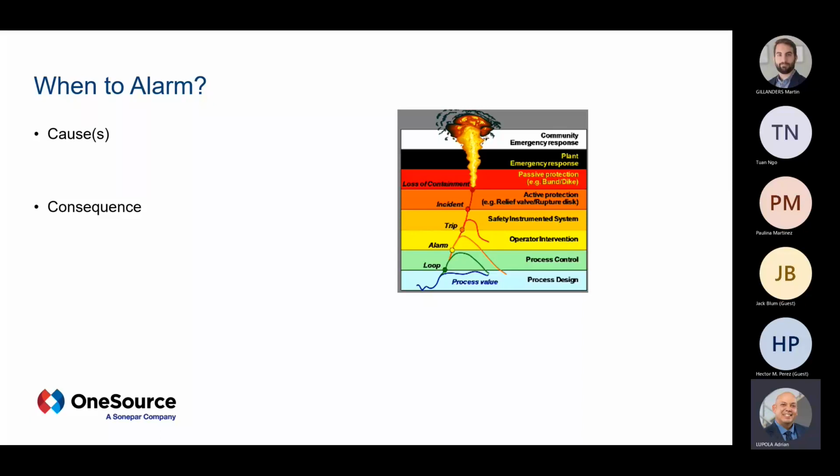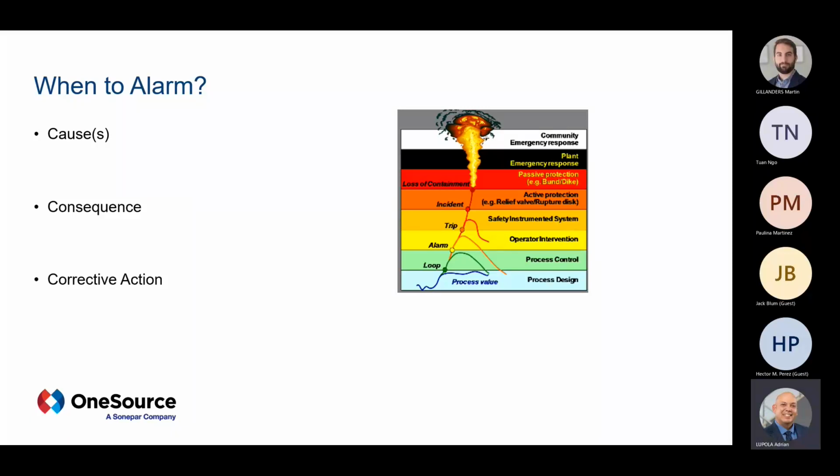However, as we start moving up into the yellow, orange, through to red, if there is some type of operator intervention required, that is something that you definitely want to start alarming on. And if the operator is not able to respond in a timely fashion, then there should be some type of trip within your system that will keep the system from going into either an incident or some type of loss of containment.